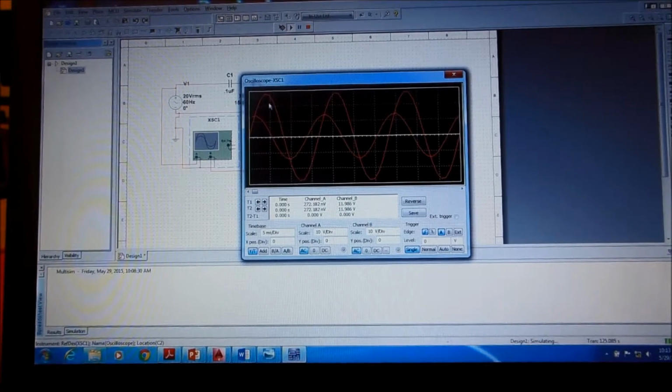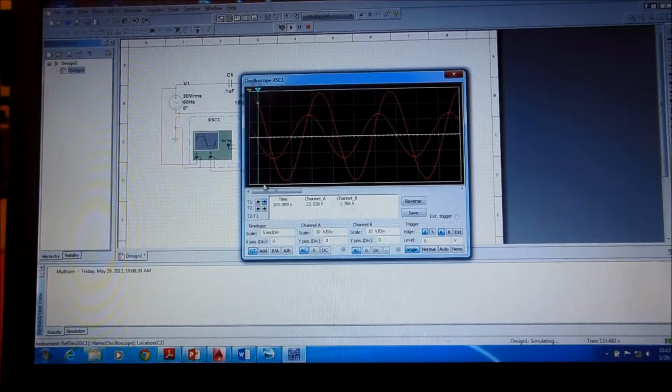Now, how much is it leading? Well, we have these time markers over here, T1 and T2, and we can move them slowly. This blue one is T1, and you can measure any point on the sine wave, and we might want to get this one almost to 0 volts.